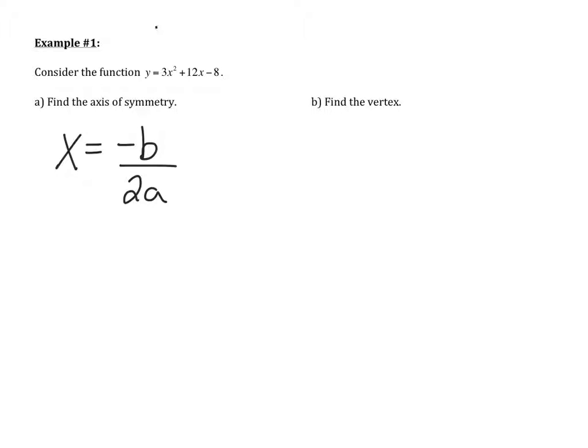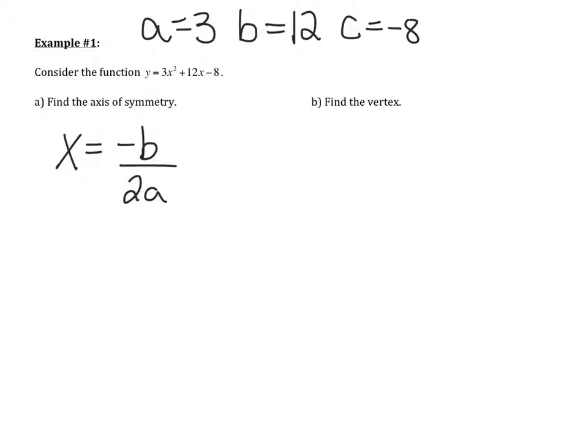My a value is 3, the number in front of the x squared. My b value is 12, the number in front of x, and my c value is negative 8. I'm just going to plug these numbers into my x equals negative b over 2a equation.